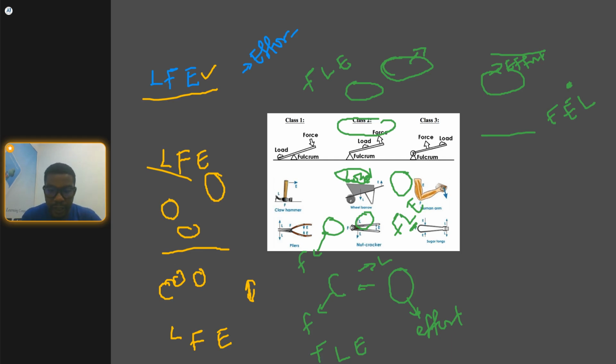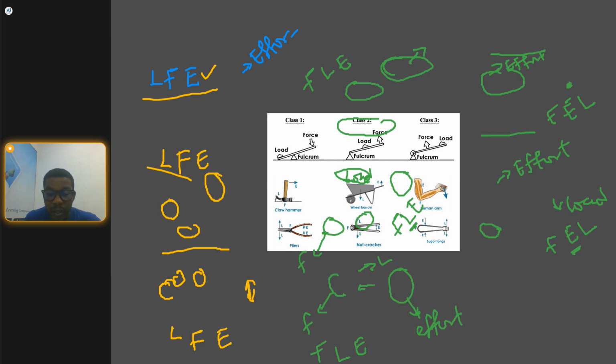In this diagram, the fulcrum is the joint we have here, this represents the load, and this represents the effort. So the arrangement is first the fulcrum, followed by the effort, then the load. So the effort falls in between the fulcrum and the load.